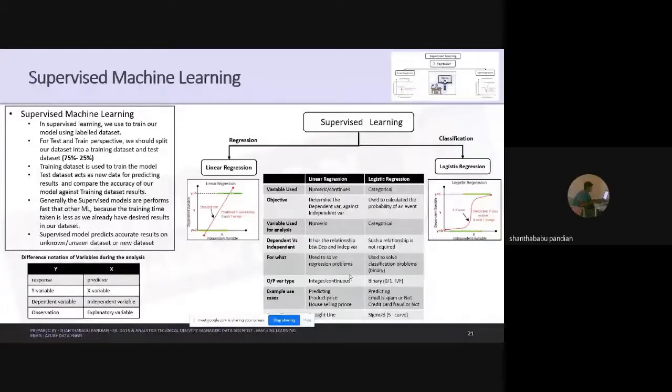Sir, classification is continuous values when we deal with continuous values. Give the example. How do you find that from the given problem statement?